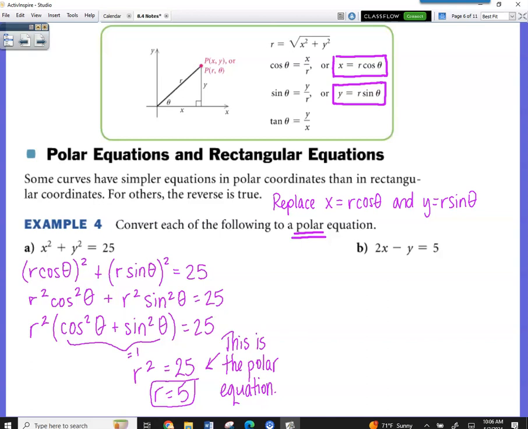Let's do the next one. Here's where you're going to see that the polar equation is not cleaner, and in this case, you would just want to come back to the rectangular. So plug in r cosine theta and r sine theta for x and y. You with me?